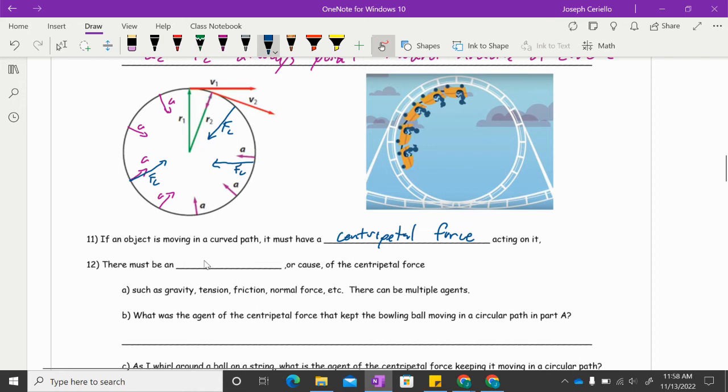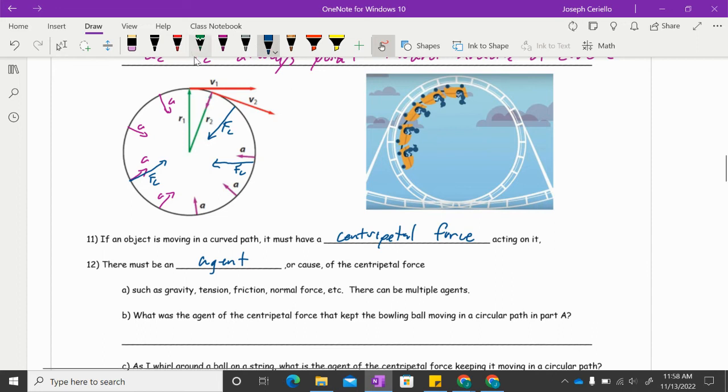So there has to be what we call an agent of the centripetal force, or a cause of the centripetal force. It could be gravity, it could be tension in a string, it could be friction, it could be the normal force. All those things are agents of the centripetal force.